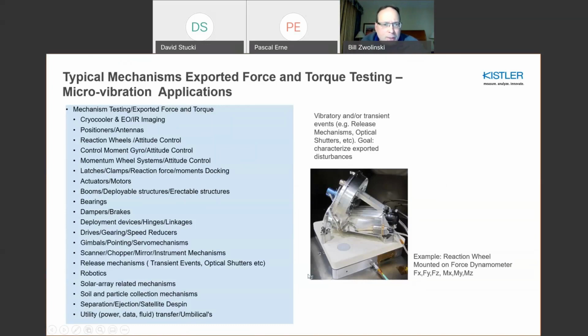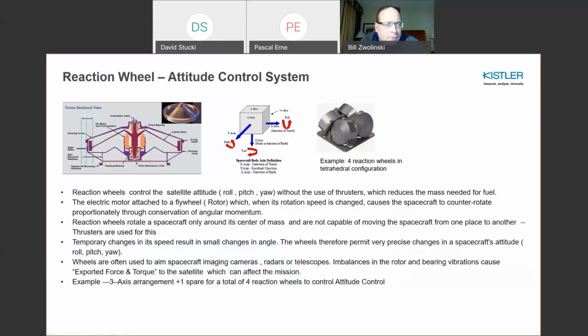One is a reaction wheel. Reaction wheels are very common nowadays because they're reliable, and they allow attitude correction of a satellite without any use of fuel. This is quite critical to the longevity of a satellite and mission performance.